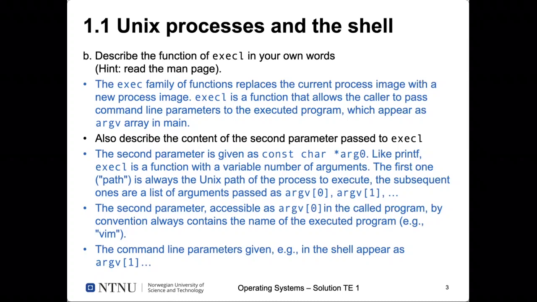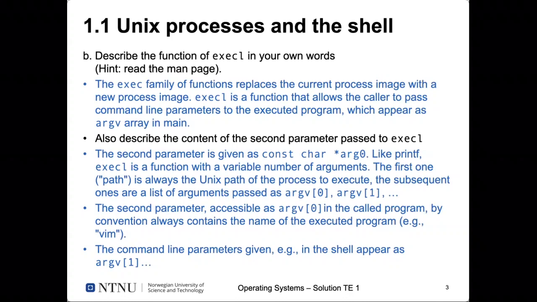The first one is always the Unix path of the process to execute, and the subsequent ones are the list of arguments passed. So you pass the first argument as a separate parameter, then comma, the second, comma, the third, and so on. And you need to make sure that the last one is just a null pointer, so you pass a 0, a pointer that has a value of 0.